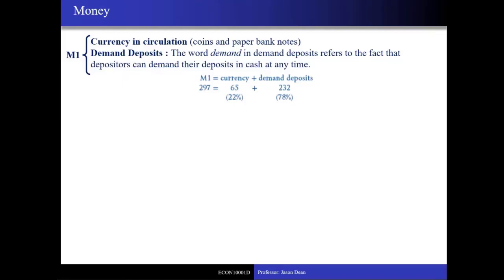I know my savings account at CIBC isn't really any different than the checking account, but there are different types of savings accounts. There are many where you may need to wait a few days or a week to be able to access your money, and you tend to get a little bit higher of an interest rate on those. For the most part, what we consider money is just currency in circulation, coins and paper banknotes, and demand deposits.